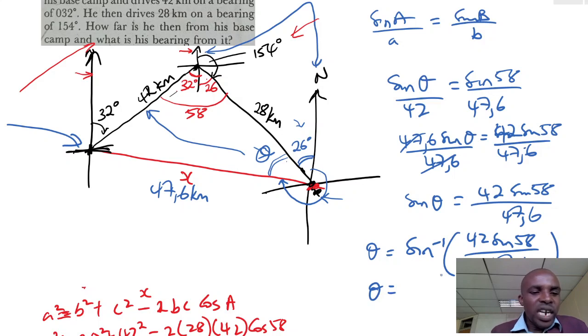Make sure your calculator is in degrees mode, right? Otherwise, if it's in radians, like my calculator, then you see trouble. So it's 48.4 degrees. That's this angle.